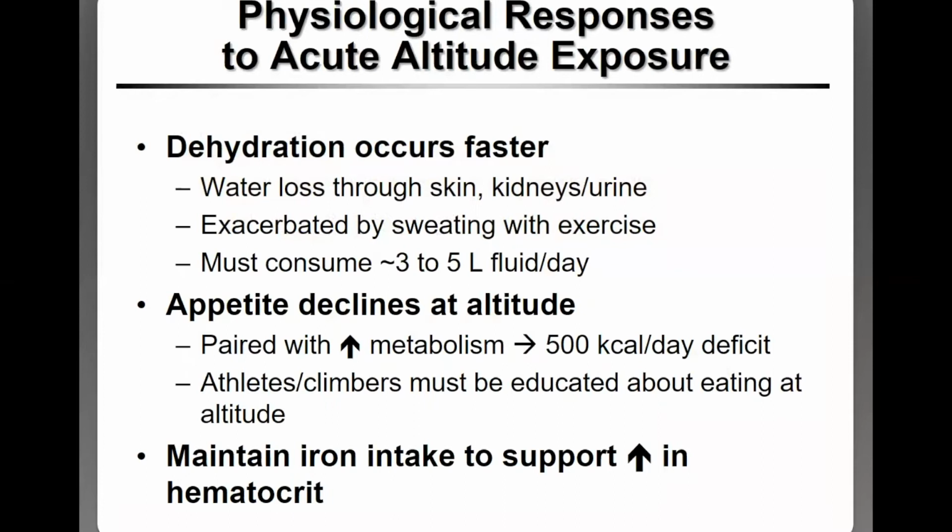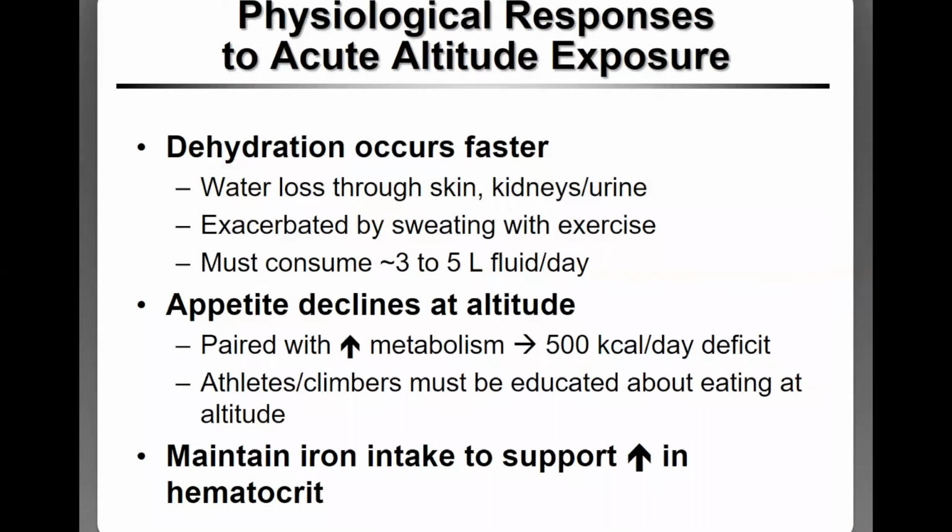So at altitude, dehydration occurs faster because of our hyperventilation. So we're losing a lot more water through our respiratory tract. And this is insensible, so we don't sense this. Also, our kidneys are excreting more urine. And with sweating, we are going to become dehydrated quicker.